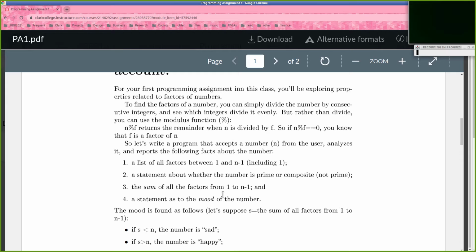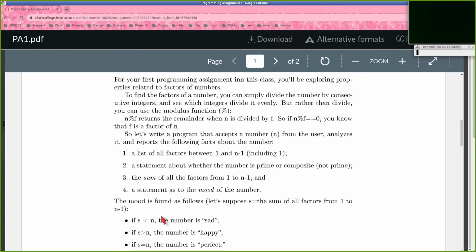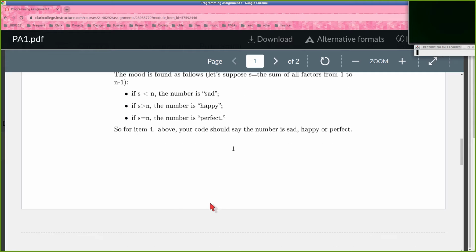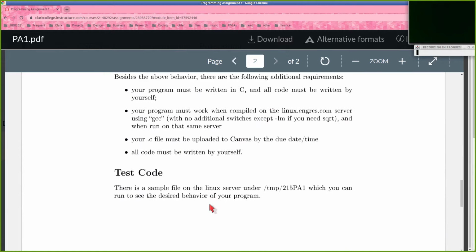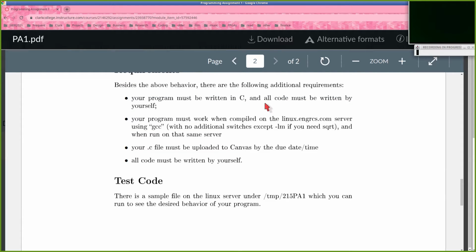So I run your program, it asks for a number, I type in a number, and it says the factors are colon, the number is prime or composite, the sum of the factors is this, and then the number is sad, happy, or perfect. And it's got to be written in C, should compile with just a plain GCC switch, possibly with -lm if you're using the square root function.